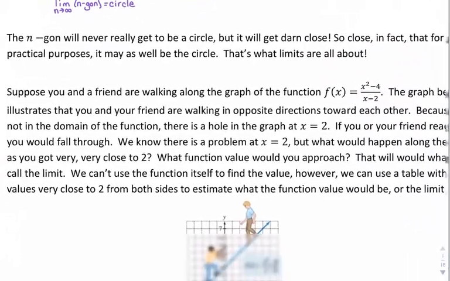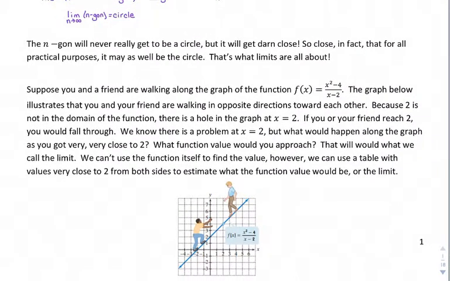So let's apply this to a graph. It says, suppose you and your friend are walking around the graph with the function f of x equals x squared minus 4 over x minus 2. The graph below shows that you and your friend are walking in opposite directions towards each other.